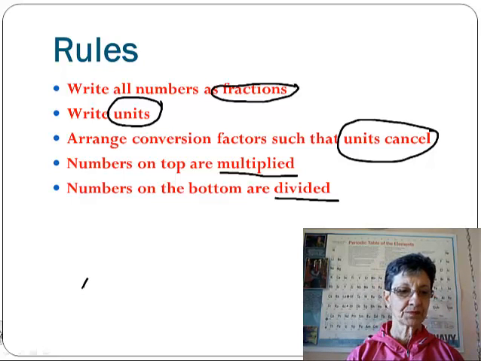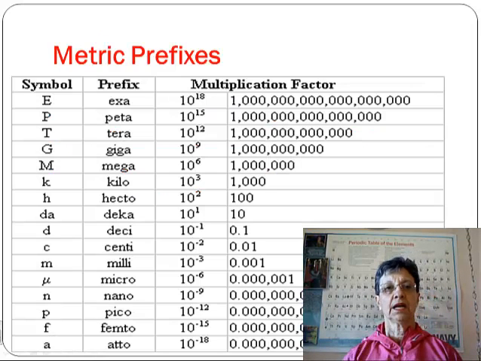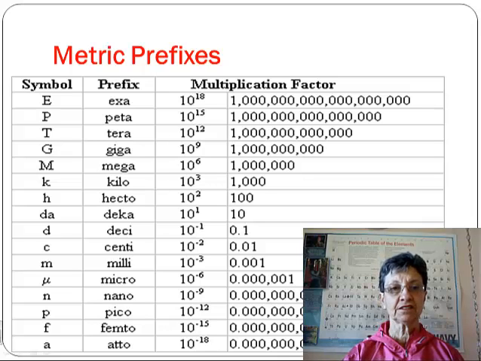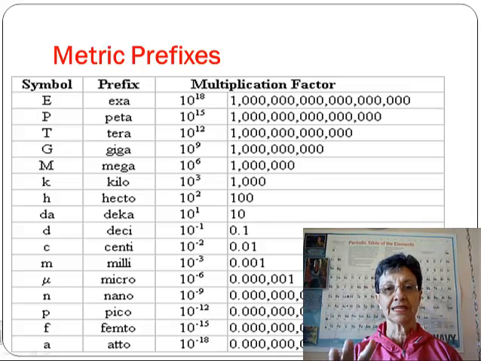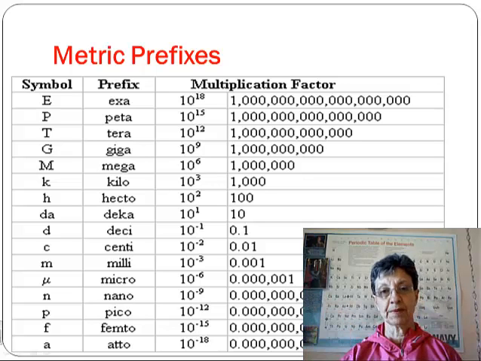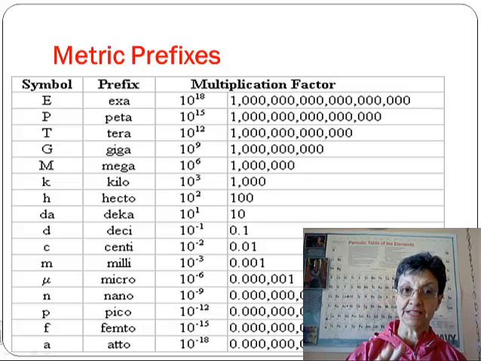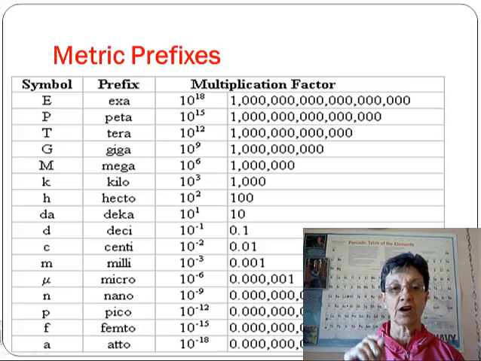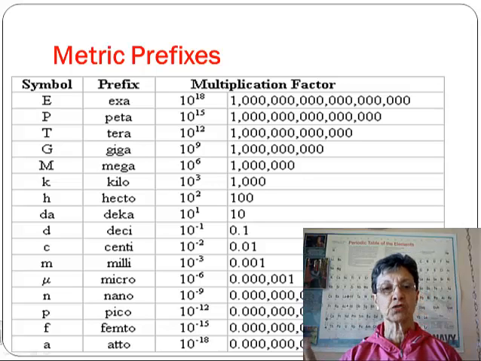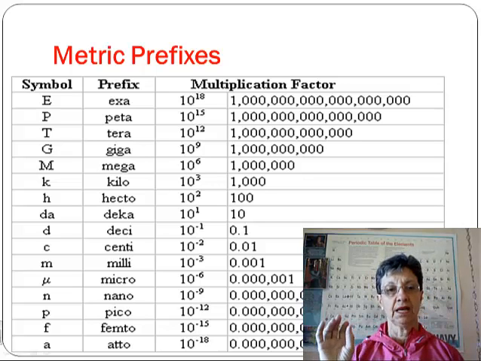So let's move forward. A reminder, prefixes. You must remember some of the key ones. Kilo means 1,000. There are 1,000 of the base unit in a kilo unit. In other words, there are 1,000 meters in a kilometer. There are 1,000 grams in a kilogram.